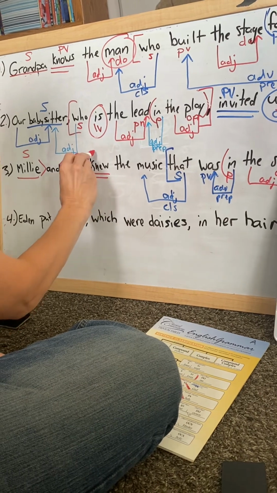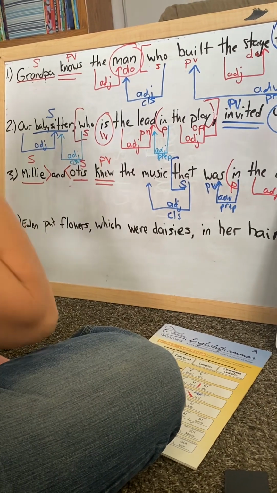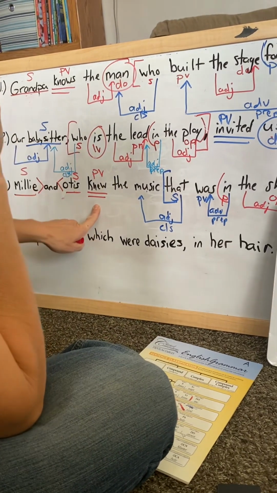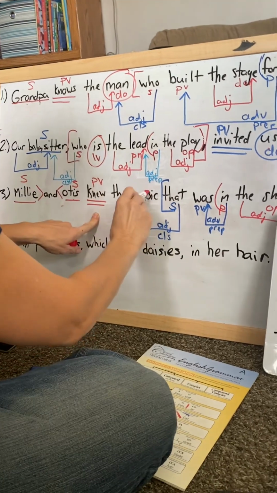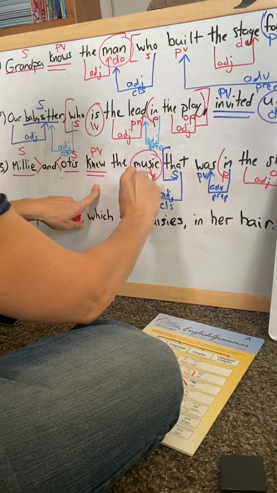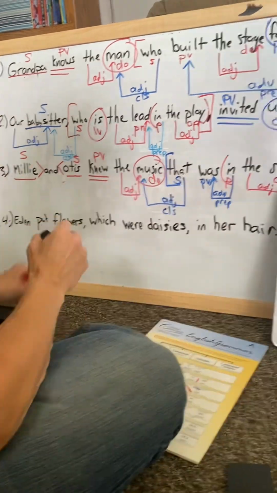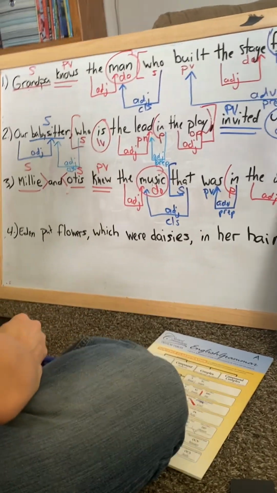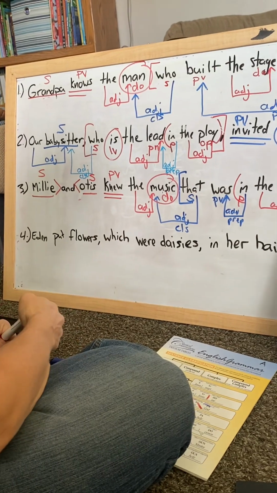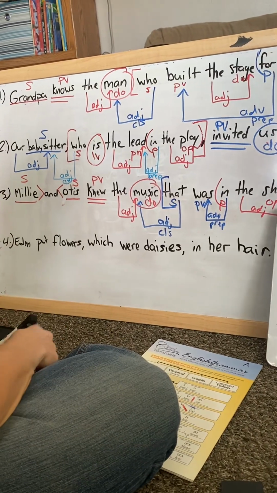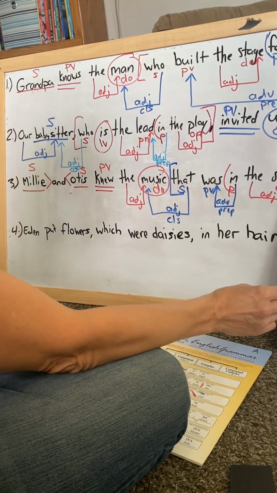Knew. That's our predicate verb. Millie and Otis knew. Knew who or what? Music. That's our direct object. And the is an adjective, a definite article. And that is that. All right, next.